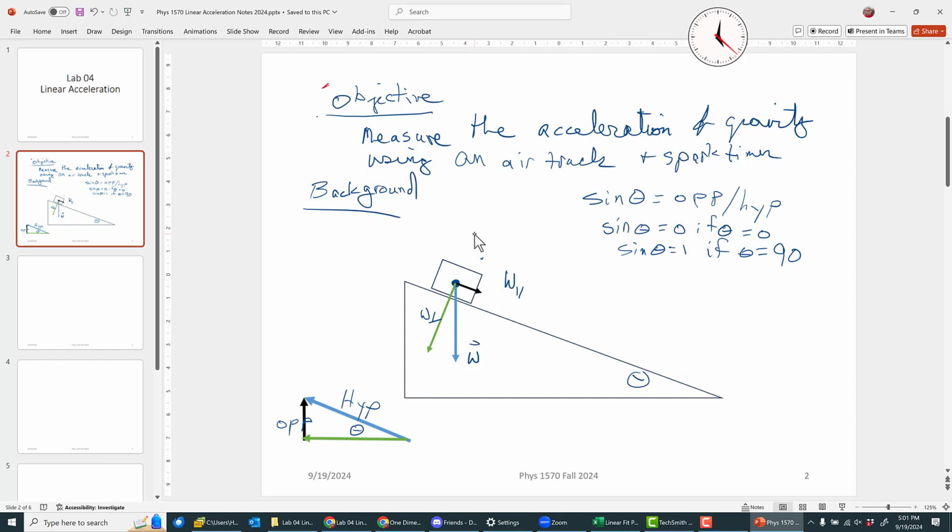So that's why we use sine: when the ramp is flat, there's no force pushing the block, and when it's tipped all the way up to vertical, it's maximum. Because of course, remember that the weight vector always points down.